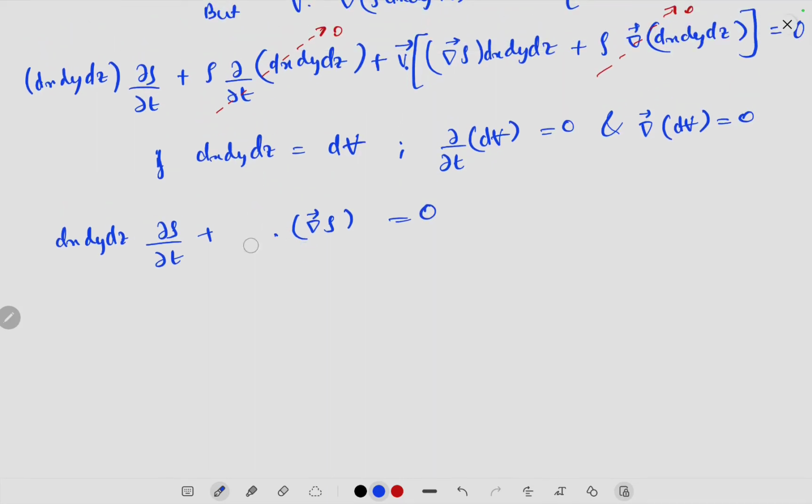So this I can also write as v dot grad ρ equal to 0, multiplied by dx dy dz. If I take dx dy dz common, I'll be left with ∂ρ/∂t plus v dot grad ρ equal to 0.